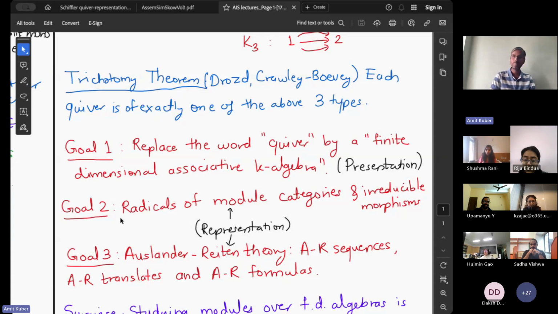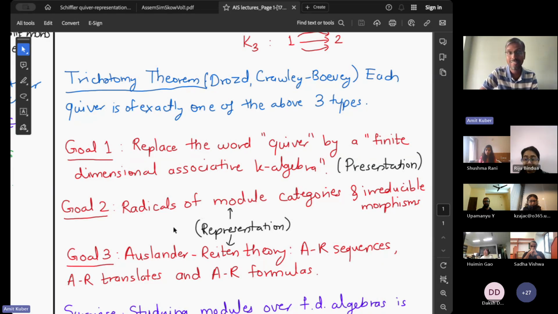If something lies in a finite power of the radical, then that morphism has a finite factorization in terms of irreducibles. If it lies in an infinite power of the radical, but not in any finite power, then it can be written as a transfinite composition of morphisms. That is just to give you a bit more idea about what is yet to come.